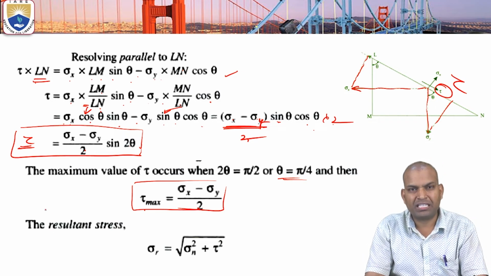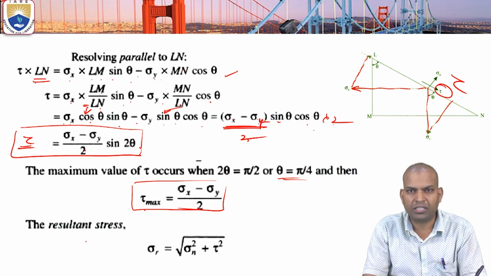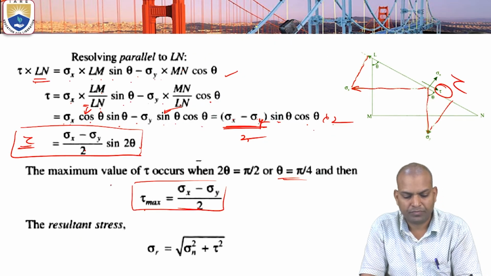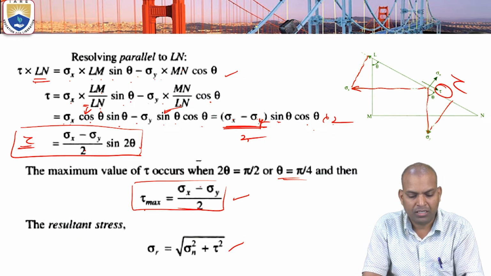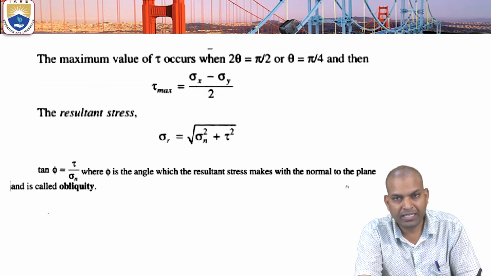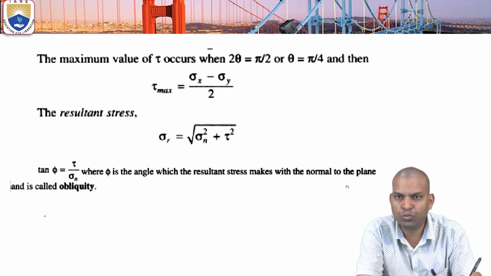The resultant stress sigma r equal to under square root of sigma n square plus tau square. This is the sigma n value and this is the tau value here. Substitute here, then it gives the resultant stress. Now after getting resultant stress, we have to know the direction of that resultant stress.